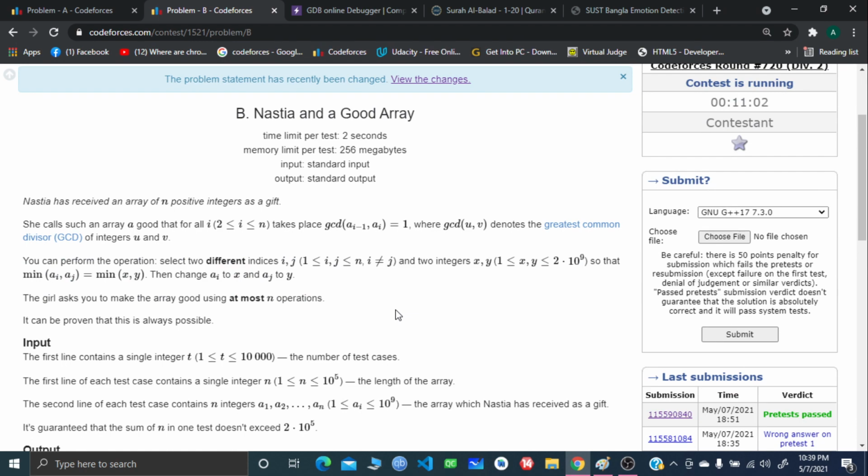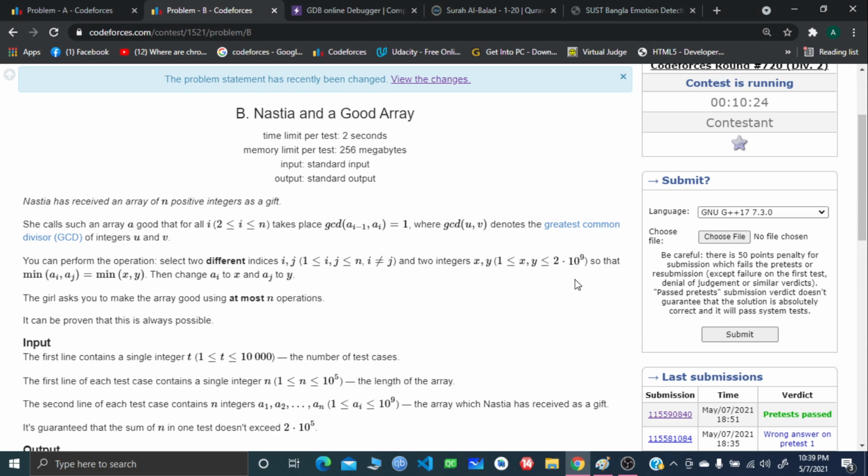The operation that you could make in order to make the array good is that you select two different indices, and you take two different integers of your choice. These two integers' range or constraints are from 1 till 2 into 10 to the power 9.